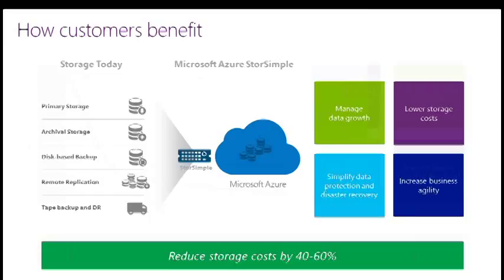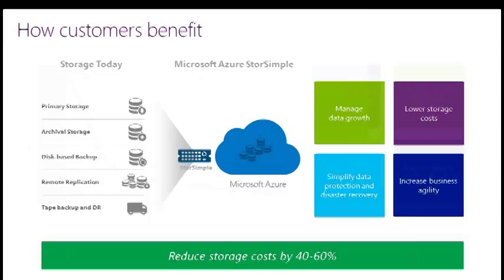So the data which you're accessing on a day-to-day basis will be stored within those two tiers, so your users don't have to wait for that data to come down over the wire. It's available to them when they need it. And then automatically, as data has not been accessed for a while, it's tiered out and moved into the cloud.